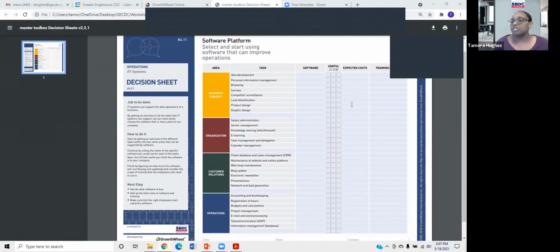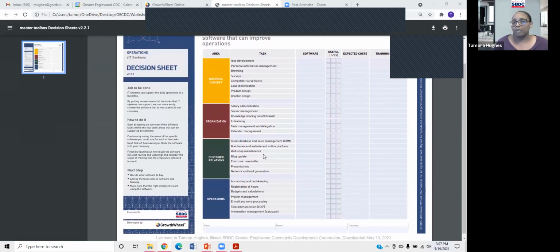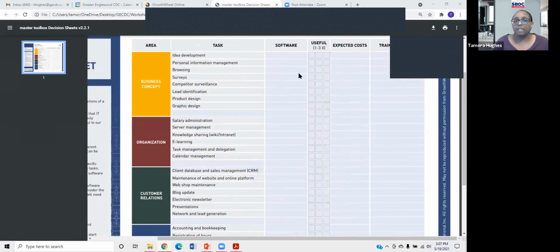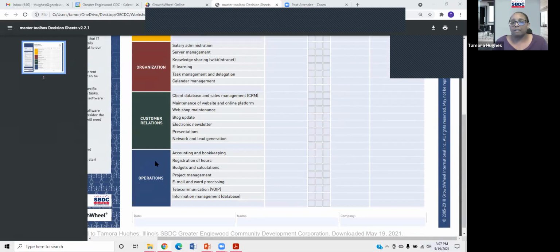We use this as a general worksheet. You'll notice all four of our colors. So we use this as a general worksheet as it relates to all of our concept areas. But the one at the bottom relates to operations, which we're talking about today.